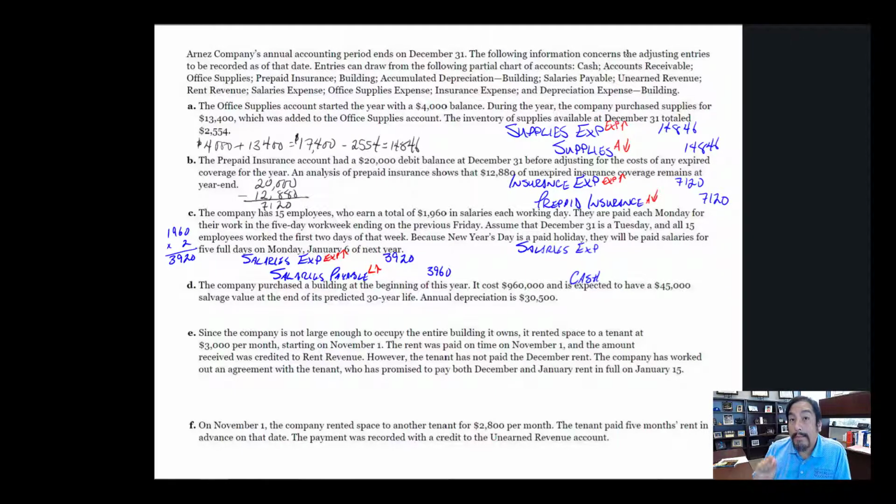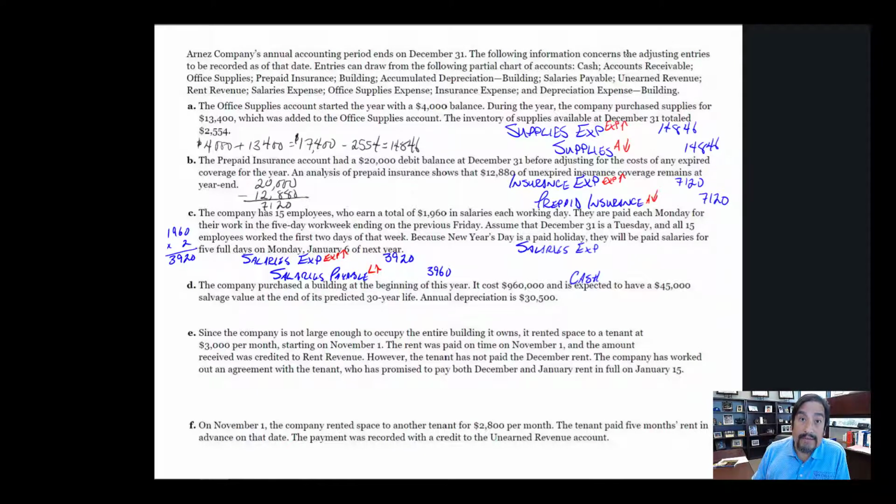A normal payday is going to be a debit to salary expense and a credit to cash. And this one, this very first paycheck of the new year is going to look similar to that, but not exactly the same. So the cash amount's going to be the same.